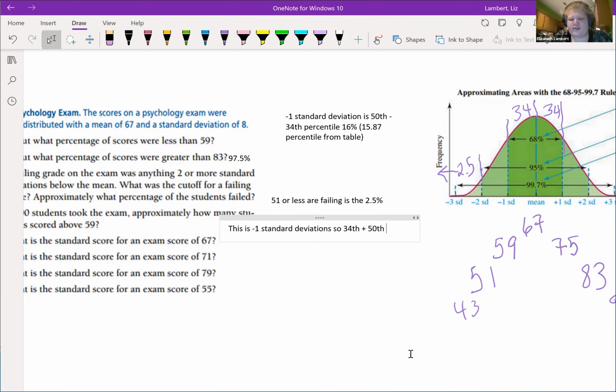And there's a number of ways to do this. If I look at the z-score for -1, I'd then subtract it from 100% to get 84.